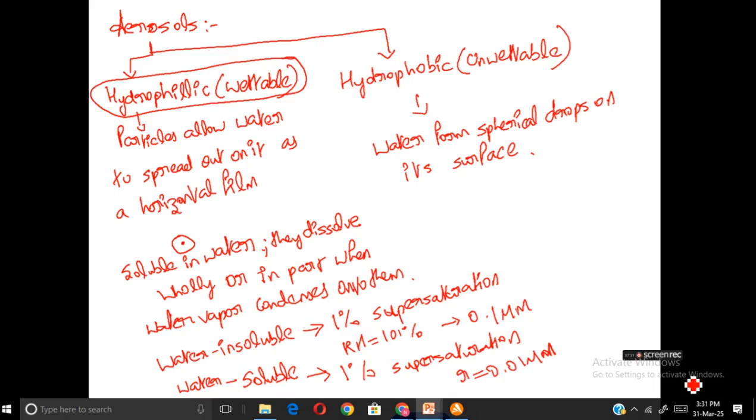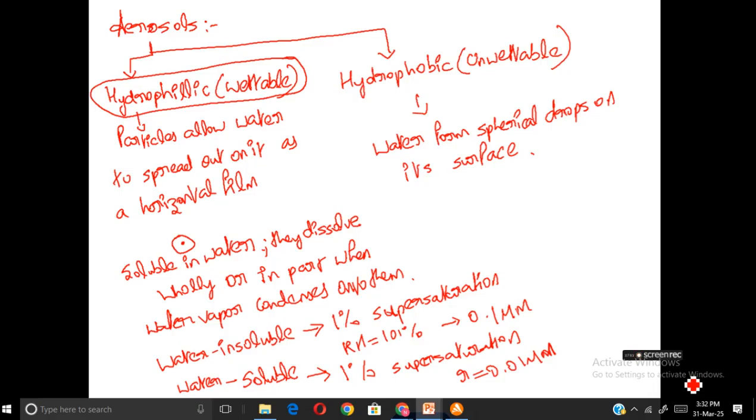So if it is insoluble, the particle must be at least 0.1 micrometer in size to act as cloud condensation nuclei. Whereas if the particle is soluble in water, at the same level of supersaturation, even a particle size of 0.01 micrometer can act as cloud condensation nuclei.